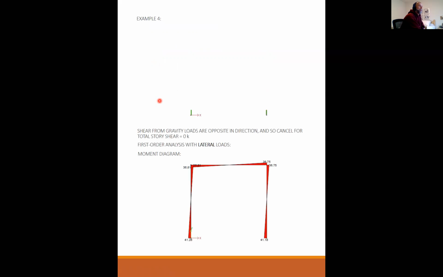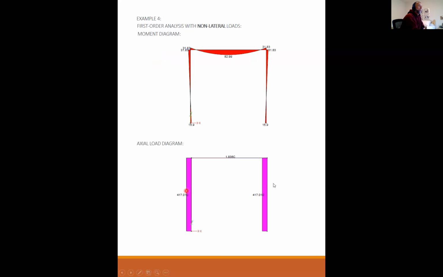And we can use Q, where Q is the sum of PU over VUS times delta naught over LC. Sigma PU is the sum of all factored axial loads for the story. So that was 417 plus 417, and that came from right here.